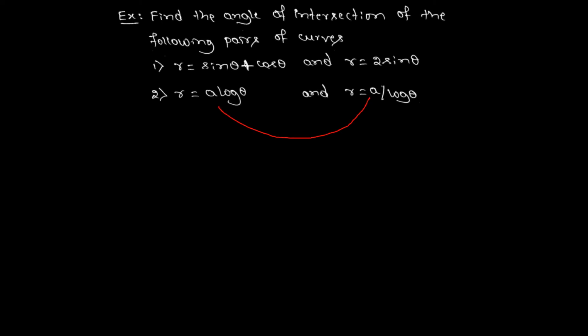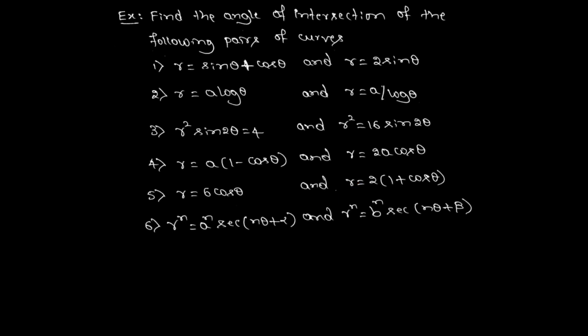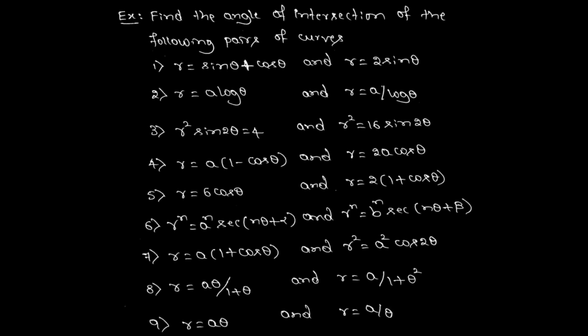Here as well we have two curves, and here also, and here. These are all pairs of curves, and these are all the problems which we need to solve. Let us consider problem 3.